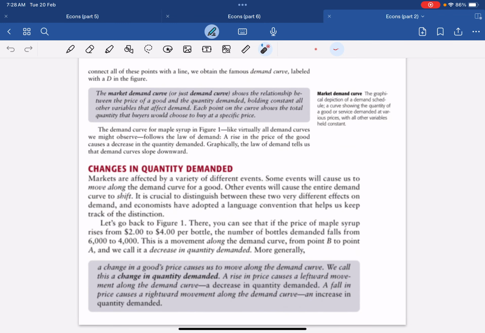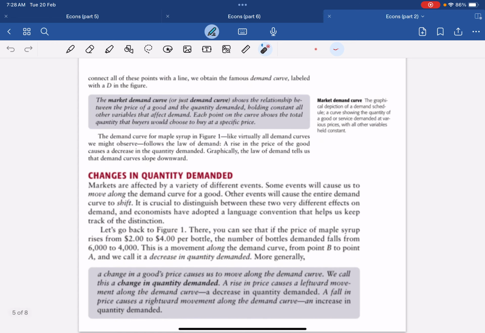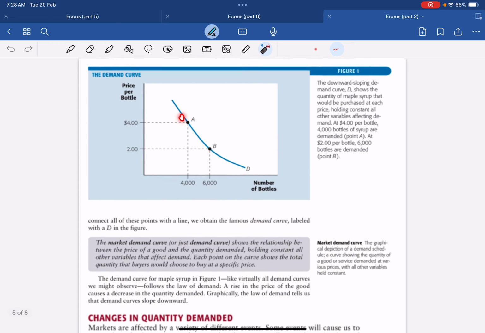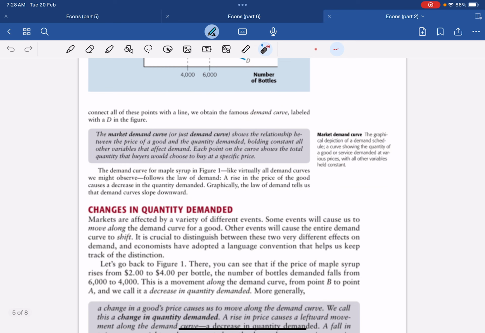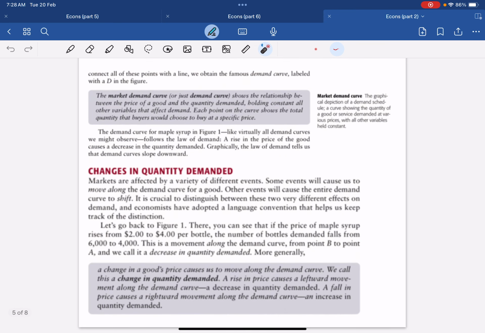As said earlier, this is the demand curve, or we can call this representing the demand. But for an individual point on the curve, because it has the price, to talk about a point, you need to talk about the price. So when we talk about the prices, we are talking about the quantity demanded.